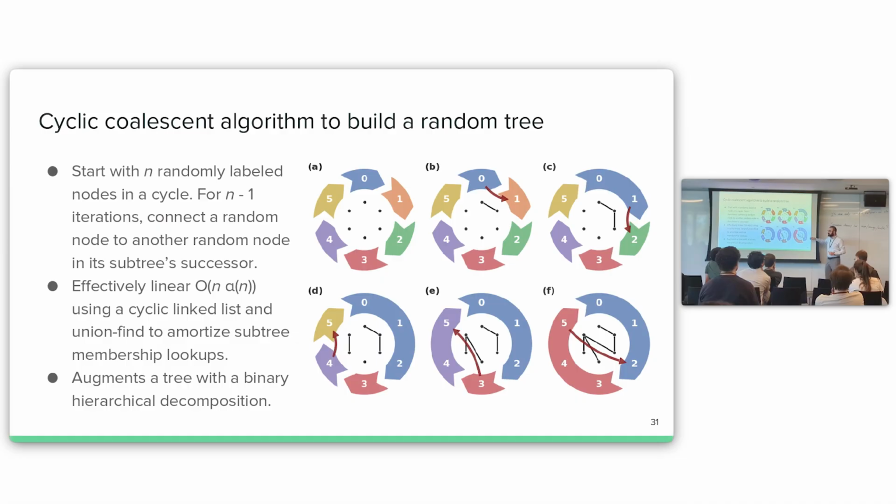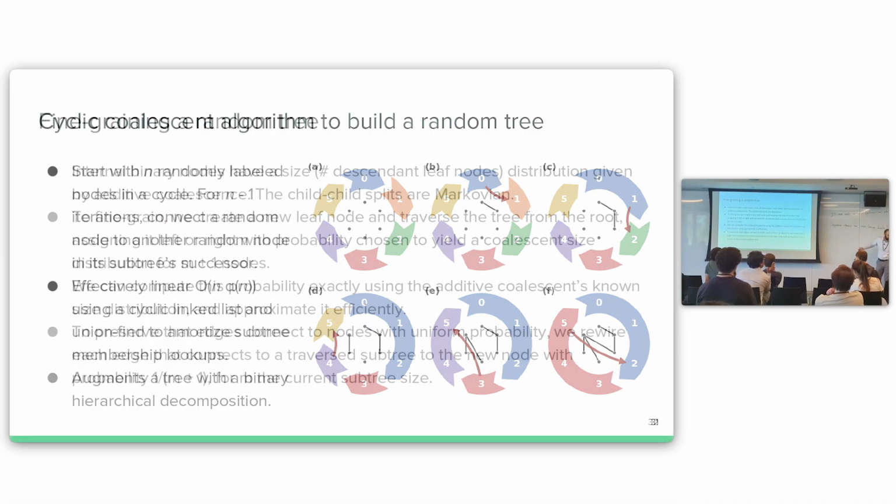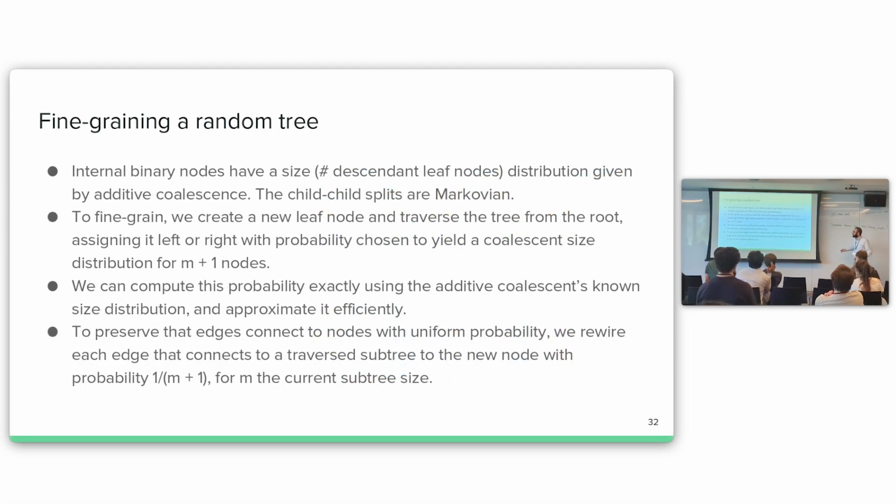There has to be some probability that all of these other edges had connected to it, so it maintains the idea of having been connected uniformly at random. So with some small probability, we rewire existing edges to the new node if they were in its subtree. That probability goes like 1 over the number of nodes. As the size of a subtree gets bigger and bigger, the probability that its edge will rewire to any new node gets smaller and smaller.